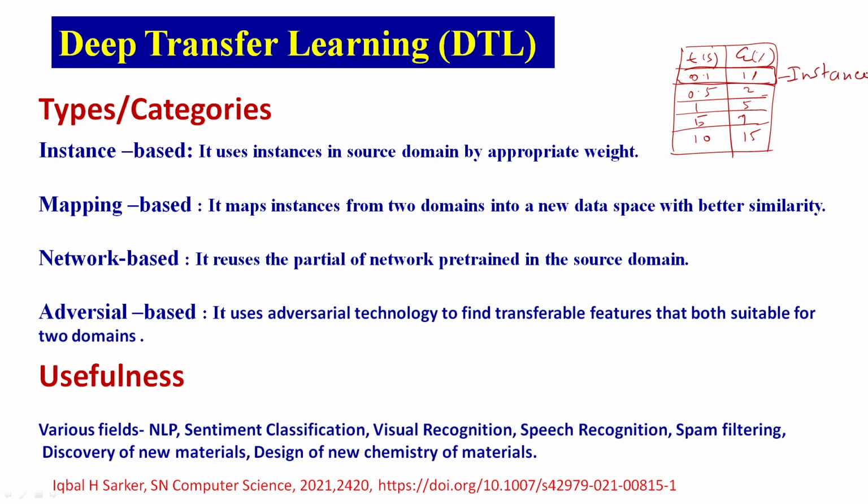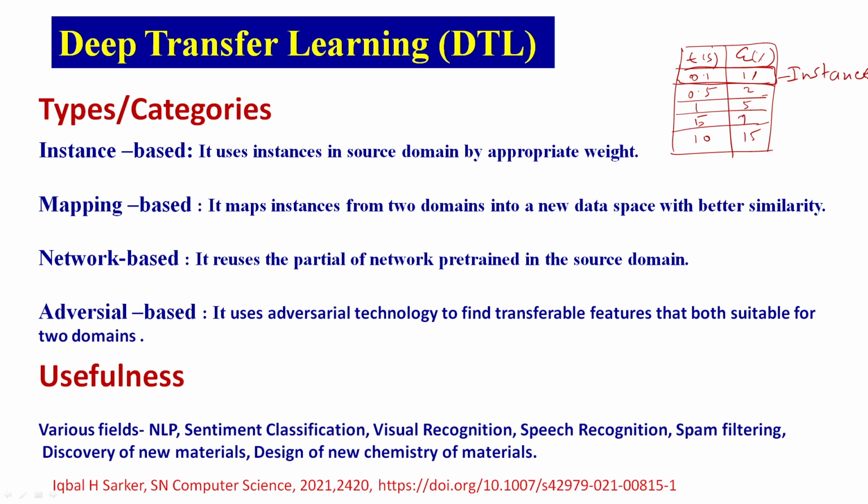We talked about it during the basic definition of machine learning. So, basically one category of DTL uses instances in the source domain with appropriate weights. By the way, in any deep learning method you have to use appropriate weights for the input variables, right.